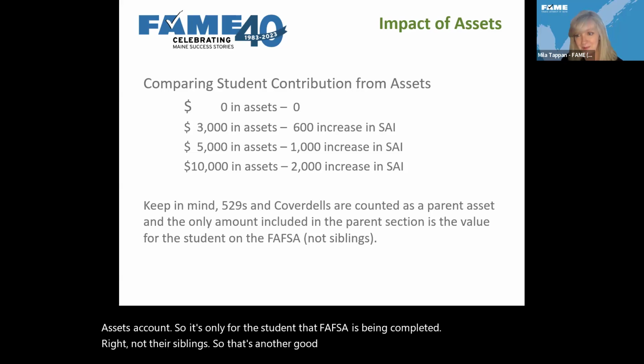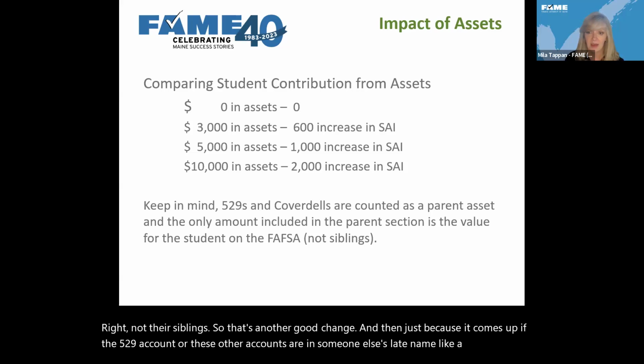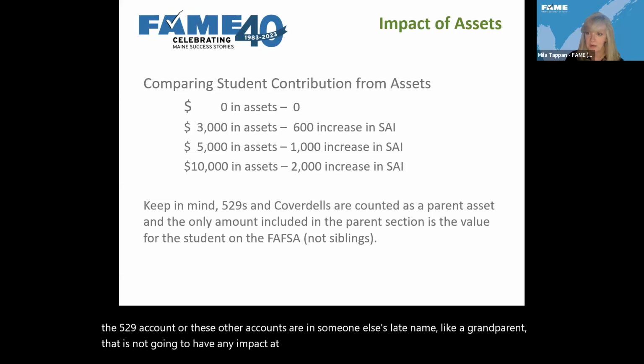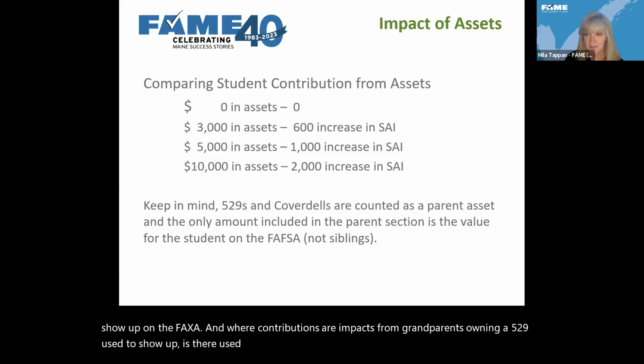And then just because it comes up, if the 529 account or these other accounts are in someone else's name, like a grandparent, that is not going to have any impact at all, because grandparent assets, of course, don't show up on the FAFSA. And where contributions or impacts from grandparents owning a 529 used to show up is there used to be a question on the FAFSA that asked if anyone was helping contribute to the support of that student.